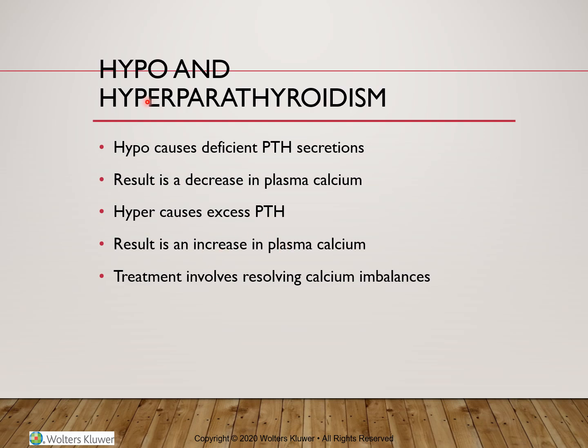Usually the treatment of hypo- or hyperparathyroidism first starts with trying to resolve calcium imbalances, doing what we need to do to maintain some of that calcium balance, and then looking for underlying causes of hypo- or hyperparathyroidism and trying to solve those. If it's hypo-PTH from maybe a parathyroid deficiency, we can give PTH, but a lot of the treatment is really just dealing with the calcium imbalance and the clinical manifestations that come with that.